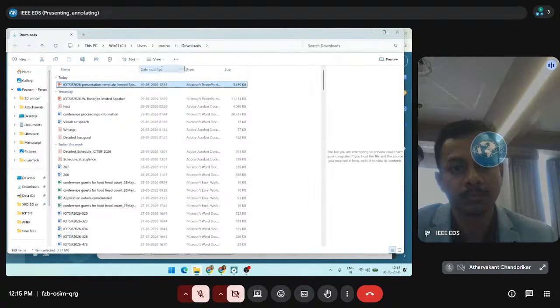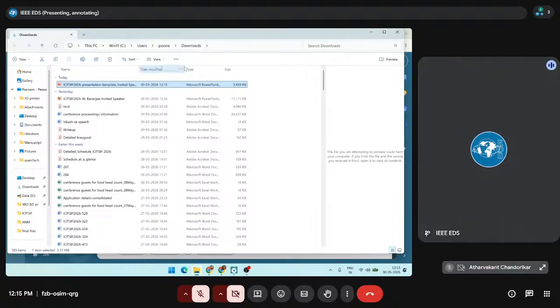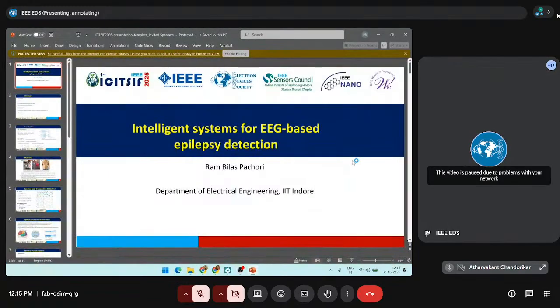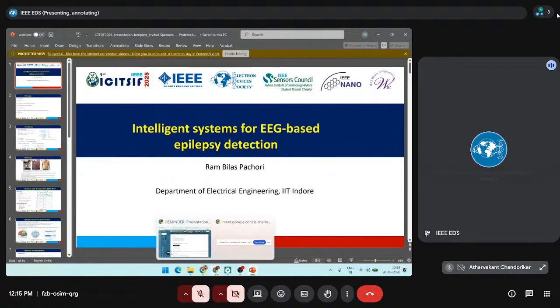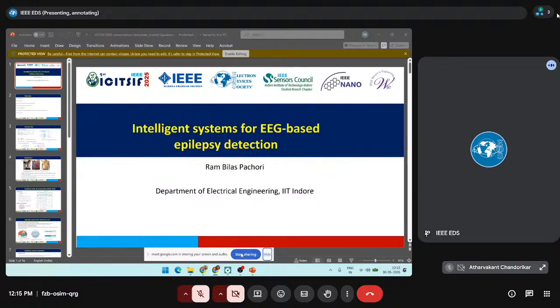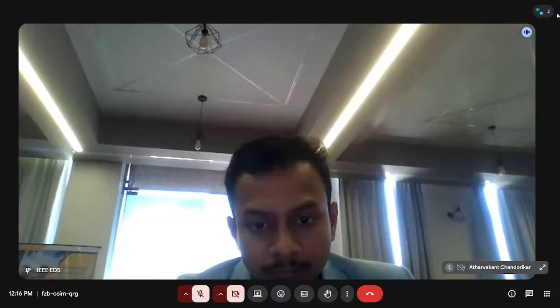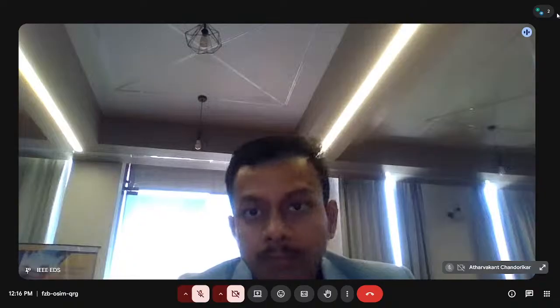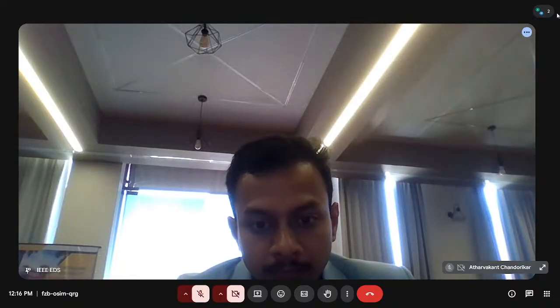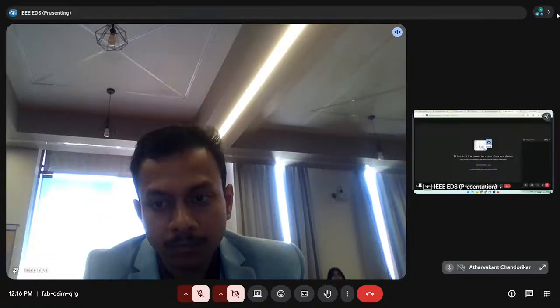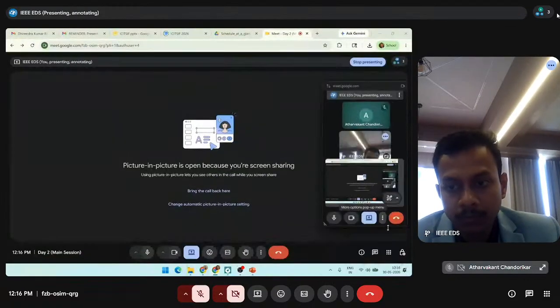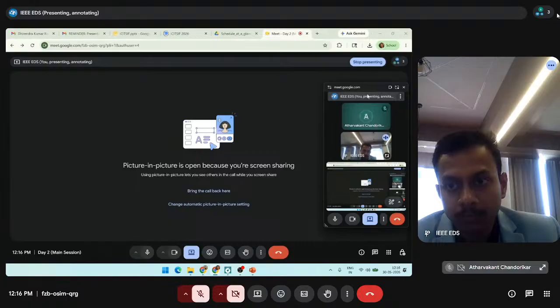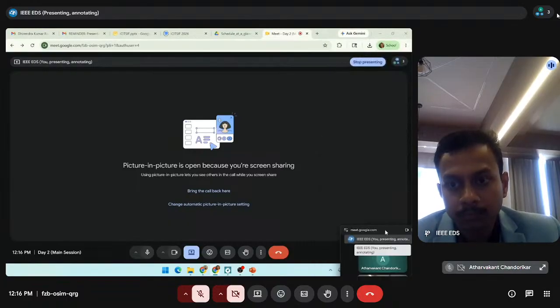Now, moving forward to our next invited session by Professor Ramvilas Pachori, Professor and HAG and Institute Chair Professor at IIT Indore. I would like to give a short description about Professor Pachori. Professor Pachori received his B.Tech degree with honors in Electronics and Communication Engineering from Rajiv Gandhi Vishwavidyalaya, Bhopal in 2001, and his M.Tech and Ph.D. in Electrical Engineering from IIT Kanpur, India in 2003 and 2008 respectively.